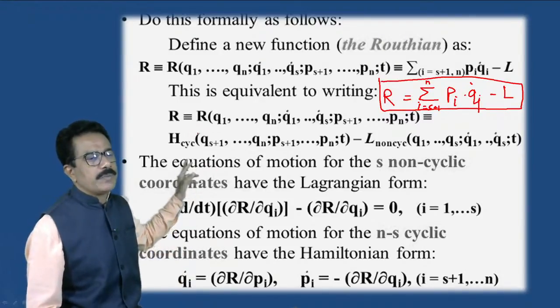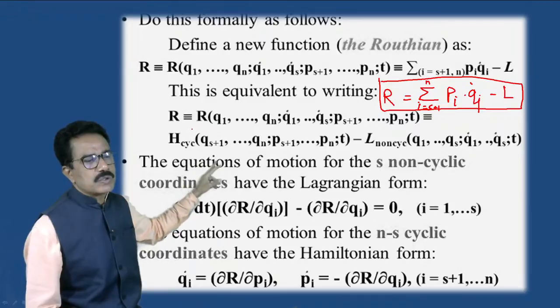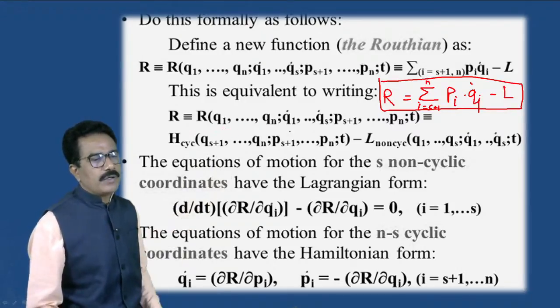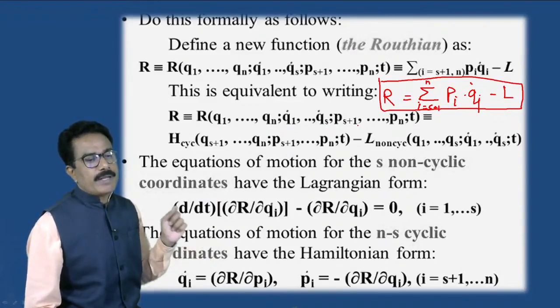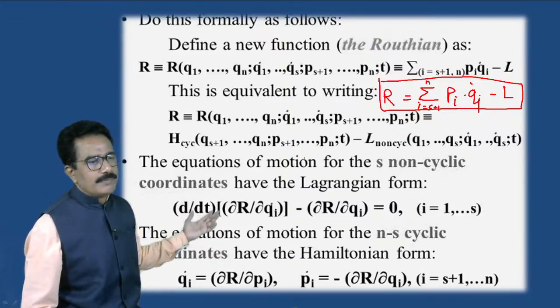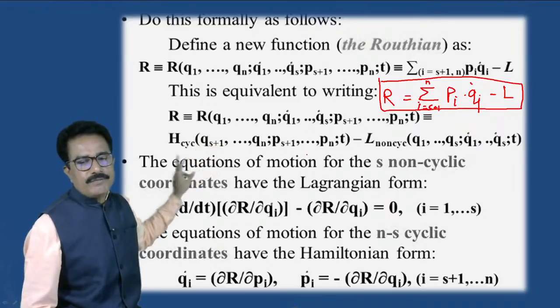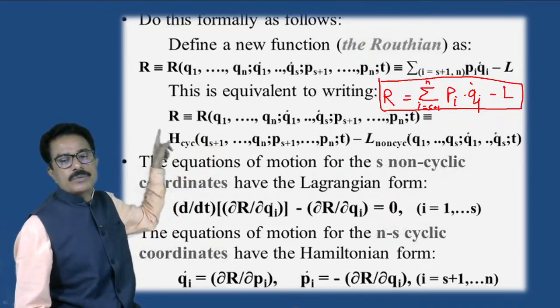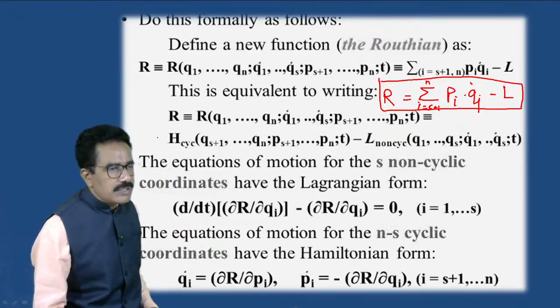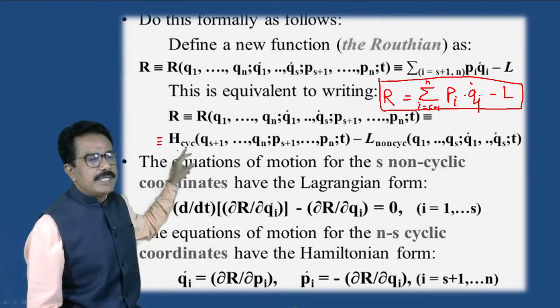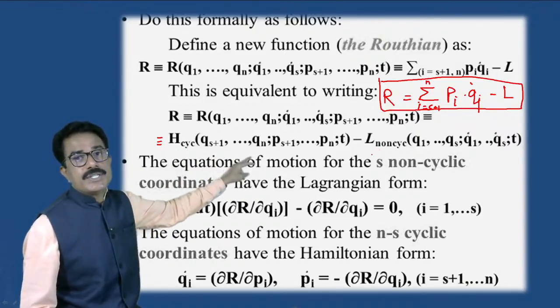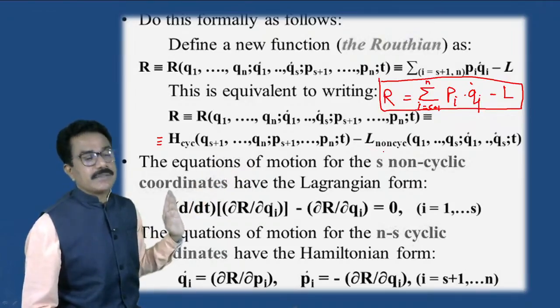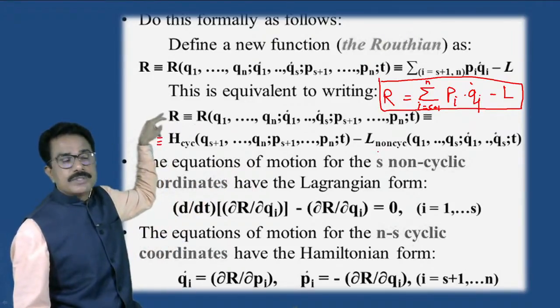It can be equivalently written as R of q1, q2 up to qn, q1 dot, q2 dot up to qs dot, p(s+1), p(s+2) up to pn, and t. So this is equivalent to the Hamiltonian for cyclic coordinates minus the Lagrangian for non-cyclic coordinates. This is Routh note number 8.